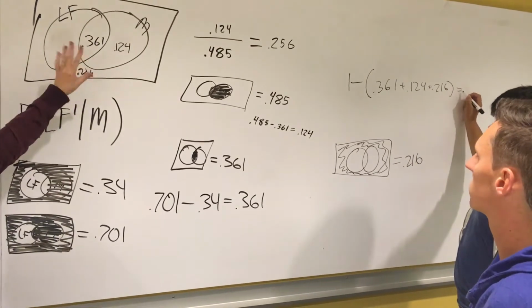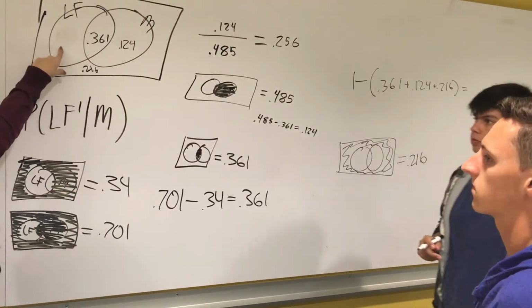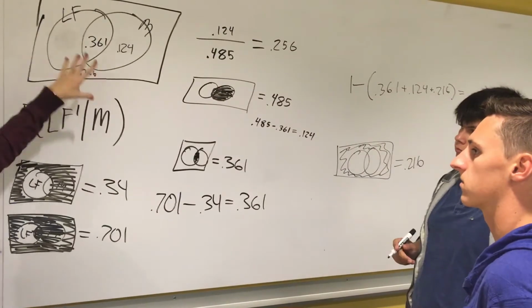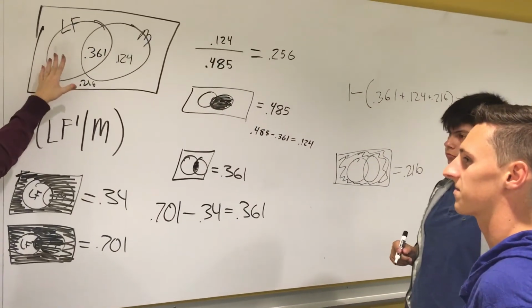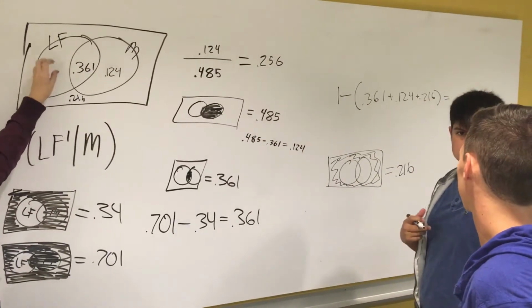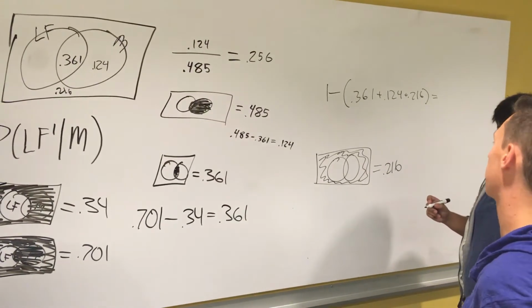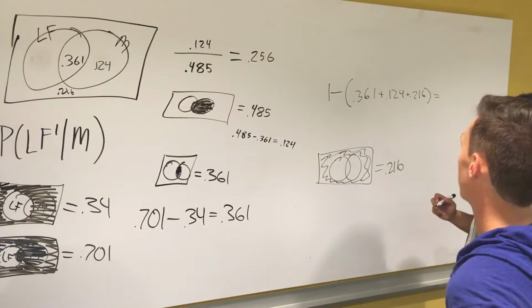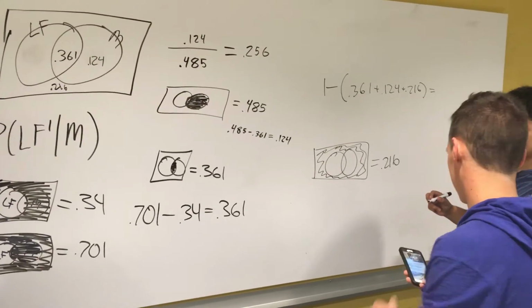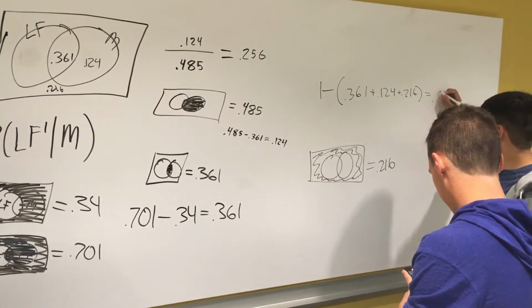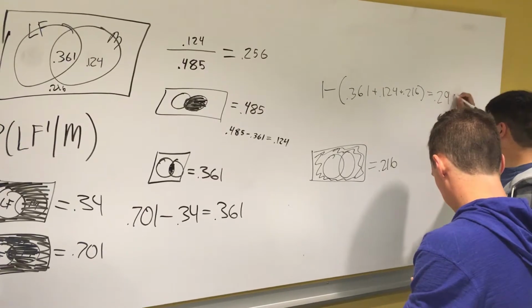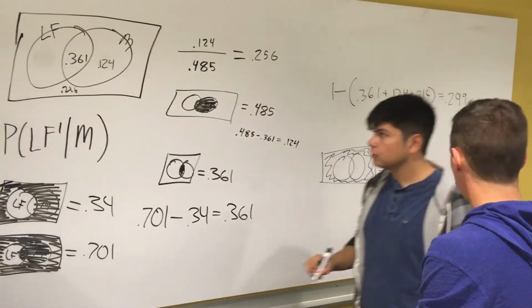We're doing that because we have everything filled in except for that, and this whole rectangle is going to be 100%. So we're finding this last little bit to make up the 100%. I think it's 0.299. Yeah, I believe it was 0.299.